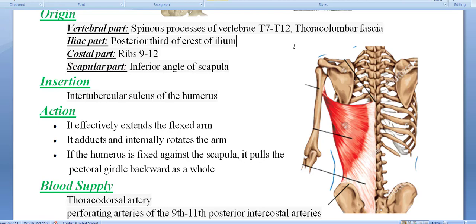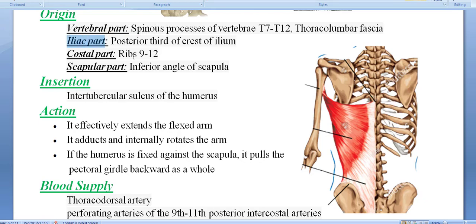The vertebral part of this muscle is attached to the spinous processes of T7, T8, T9, T10, T11 and T12 vertebrae, through the thoracolumbar fascia.